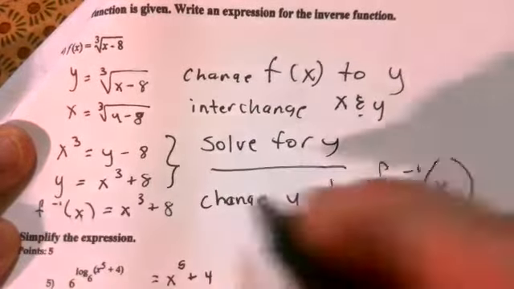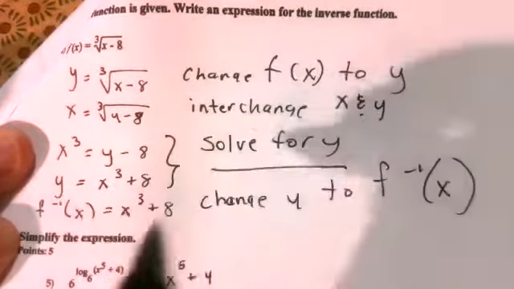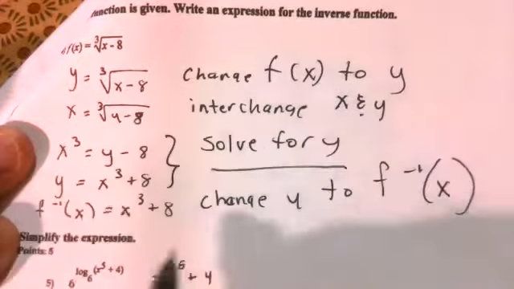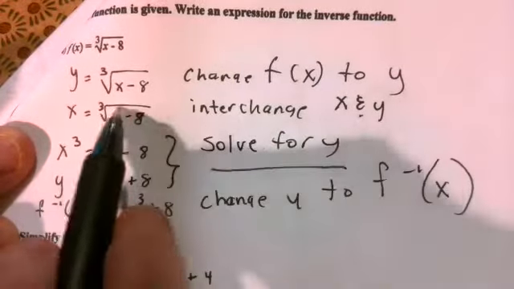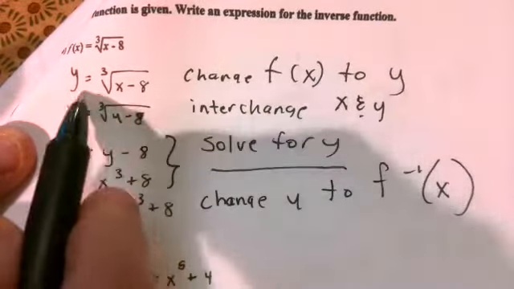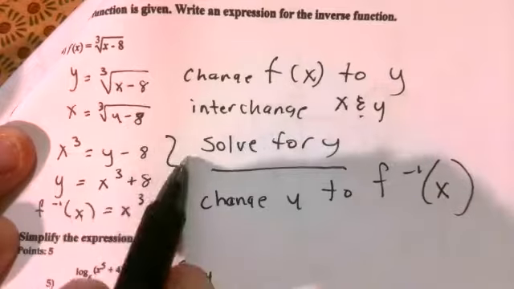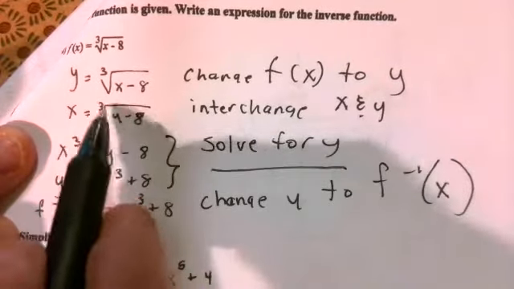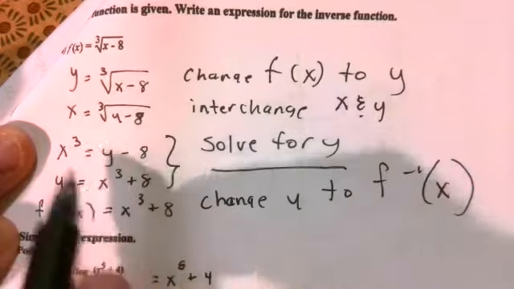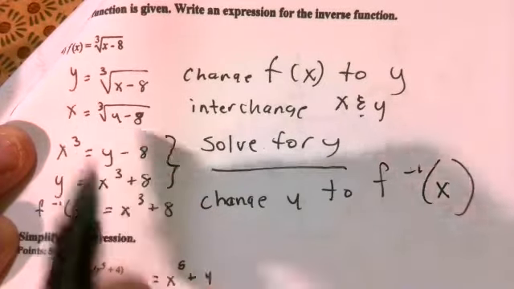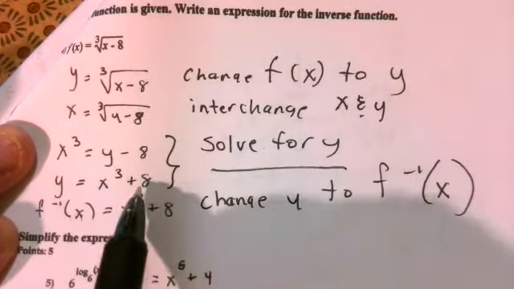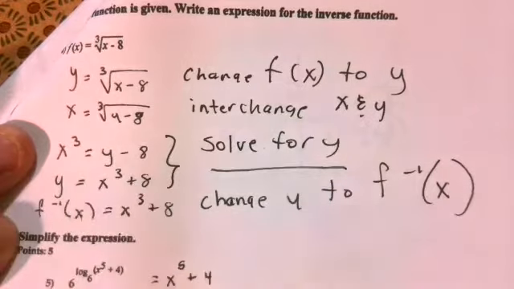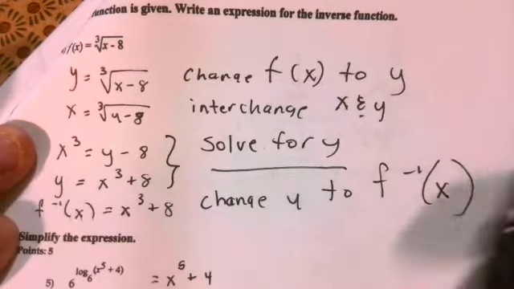But you know how, if you just think back to what we've learned. So I interchange the x and the y. To solve this for y, you need to cube both sides, remember? Because if I cube this, that'll get rid of the cube root. And then I'll have a cube on the other side, but then all I've got to do is add 8 to both sides and then call it f inverse.